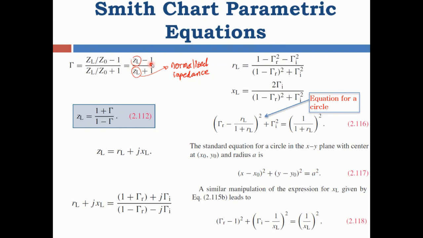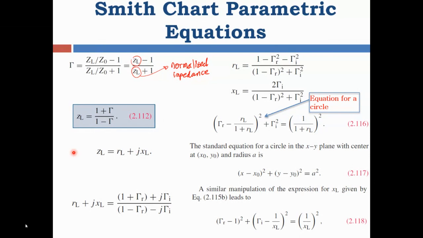Okay. So then using this equation, z sub L minus 1 over z sub L plus 1, we can solve for z sub L in terms of 1 plus gamma over 1 minus gamma. Remember, I told you the whole Smith chart, all those angles and circles that you just saw, are the transformation of values of gamma on the complex gamma plane to the impedances.